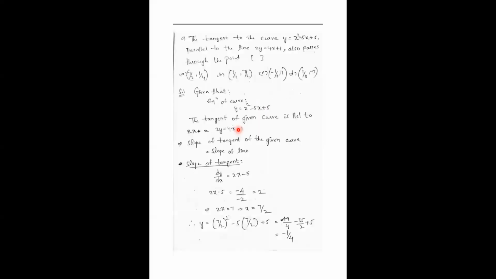That is, y minus 2x plus 29 by 4 equal to 0. We got the tangent equation. Now go to option verification and verify all the options. After verification you will get 1 by 8 comma minus 7 as the answer.